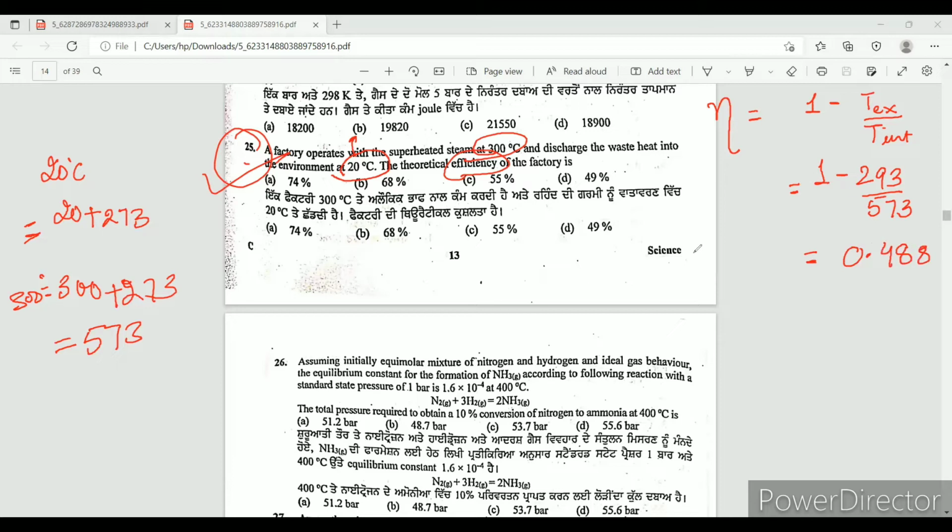This is in fraction, or you can say it is in decimal. Now we have to convert this into percentage. For converting this into percentage, we have to multiply this factor with 100. So your answer will be 48.8%. That means it is nearly equal to 49%. So our answer is option number D.